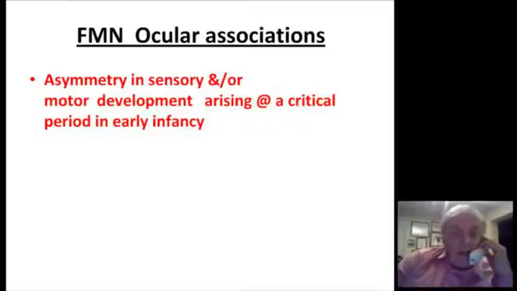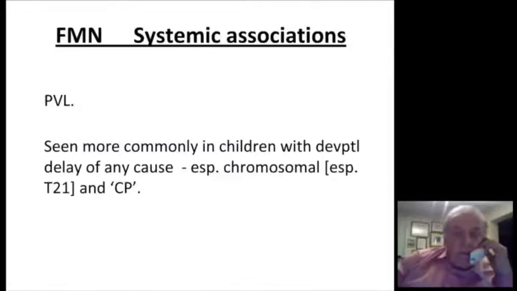The main association is an asymmetry in sensory development, an asymmetry in motor development, arising at a critical period in very early infancy. So the commonest asymmetry in sensory development would be a unilateral ocular defect, cataract, etc. And the commonest asymmetry in motor development would be infantile onset strabismus.